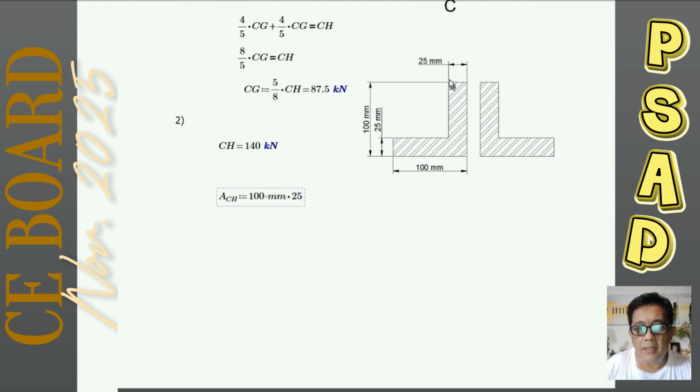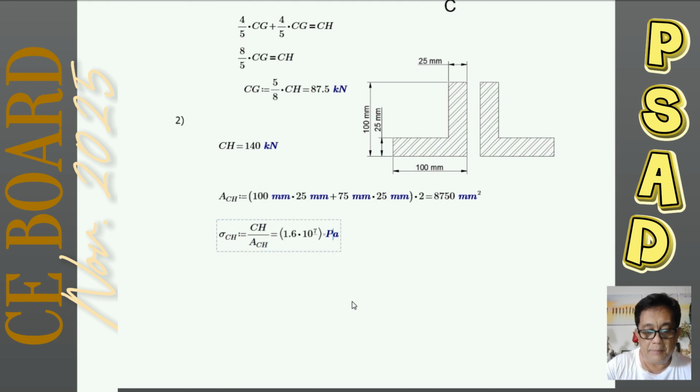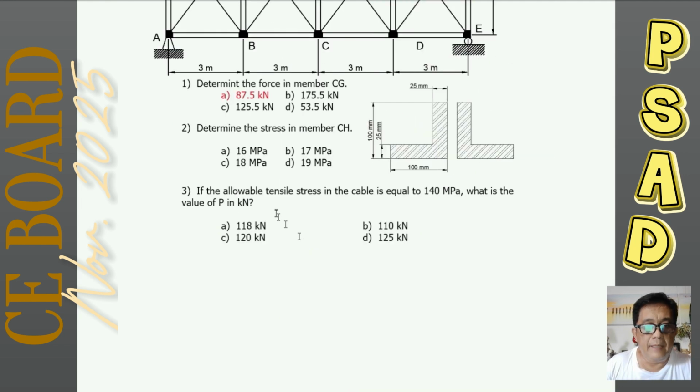So that means the remaining rectangle will only have 75 for its length plus 75 mm times 25 mm. So that's the area of one angle. So we are going to multiply this by 2 because it's a double angle. Times 2 equals, let's express that in square millimeters, 8,750 square millimeters. So the stress in CH is equal to CH divided by A of CH equals, in megapascal, 16 megapascal. Letter A again.